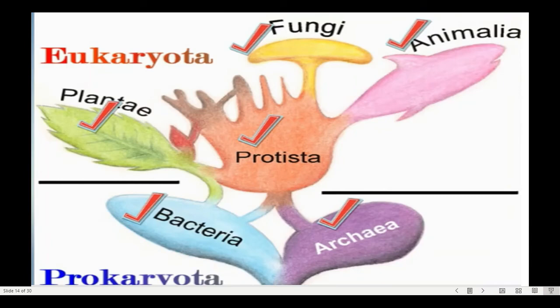Pag tinignan natin yung parang family tree, nag-start siya sa dalawa, prokaryotes, eukaryotes. Then, yung bacteria and archaea, dati kasi talaga silang as one, pero dahil may mga distinct characteristic na magkaiba, pinaghiwalay ng domain.